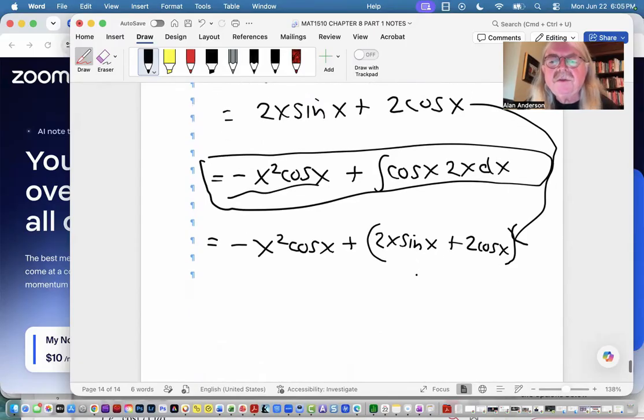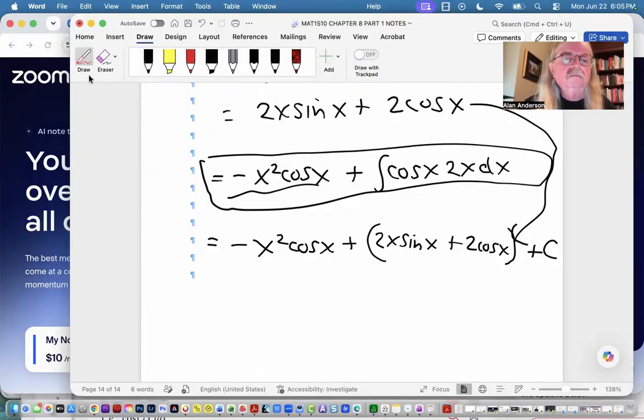And unless we choose to, oh, and plus now we can add the C at long last. Unless we choose to simplify, we're done. Okay. Yeah, that's it. We're good.